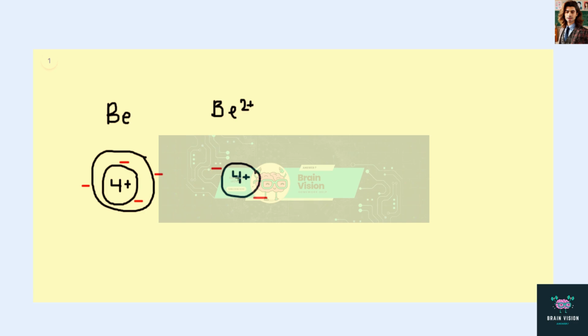There's nothing further inside, and there's nothing on the outside causing that shielding or repulsion. Therefore, this is smaller. The positive charge in the nucleus is pulling these electrons closer together, and so when you have a cation, the atomic radius is smaller than that of the neutral atom because there are no outer electrons feeling repulsion and moving out.